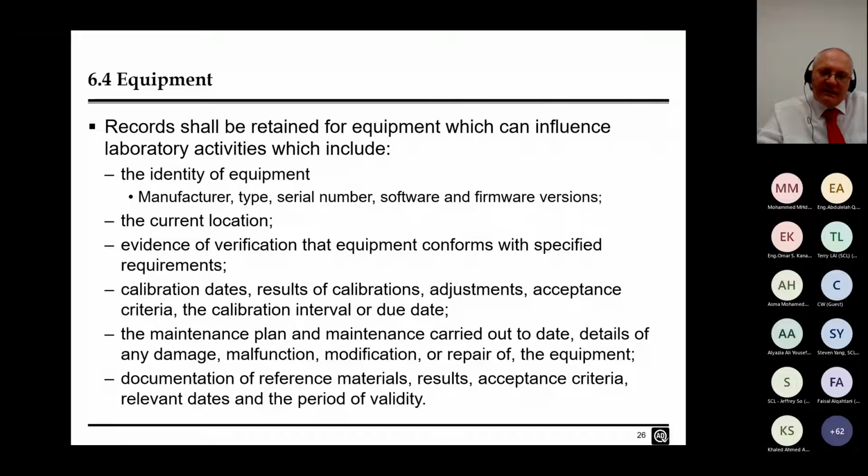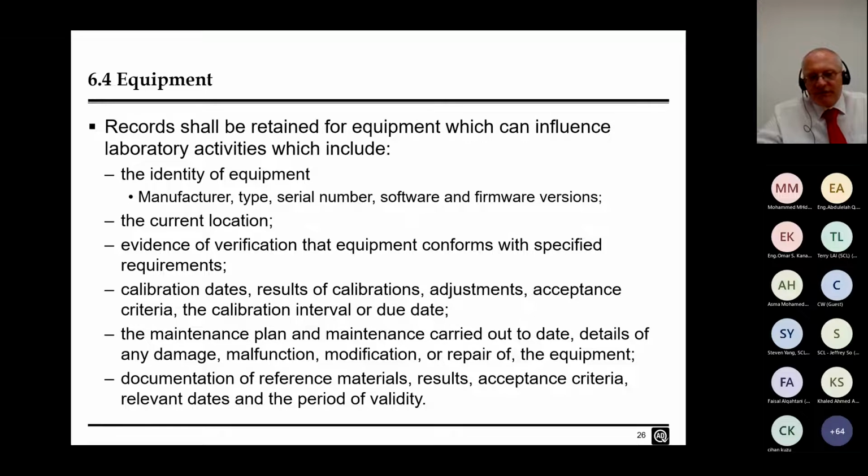You need to maintain a maintenance plan. You need to keep records of the maintenance that was done, and you need to keep records of any damage, malfunction, modification, or repair of the equipment. This is so we can go back, and if we need to, we can look at results done with that equipment, measurements made with that equipment, and if we need to withdraw them. And we also need to think about whether it needs replacing or upgrading in any way.